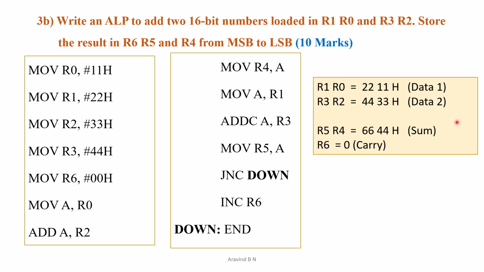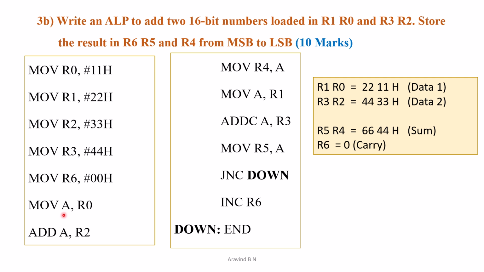So let us follow the same data within the same presented registers, and the program is given over here. The first part of the program, up to this part, is for initialization. So the first 2 lines are data 1, the second 2 lines are data 2, and then we are initializing R6 to 00.